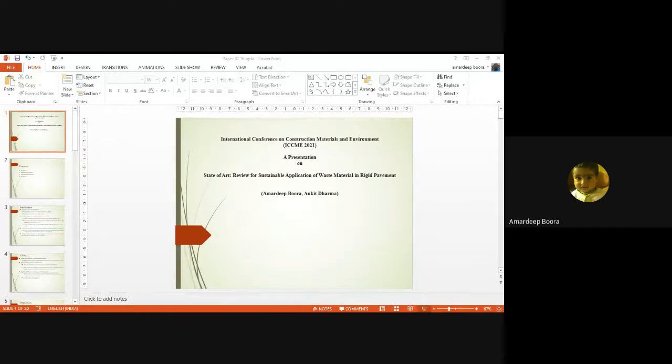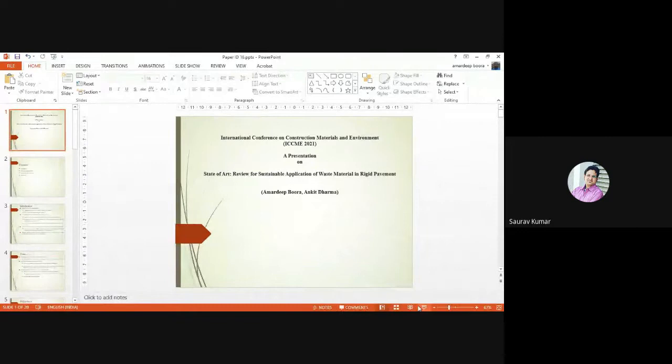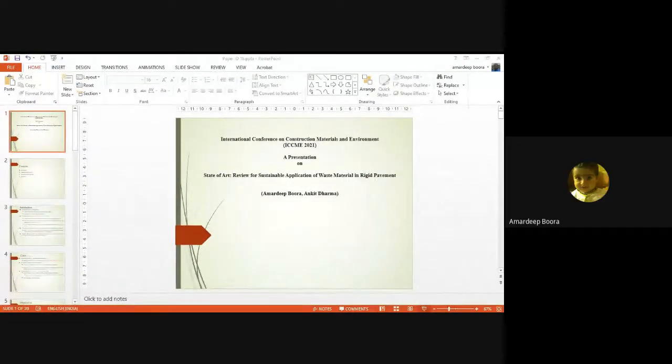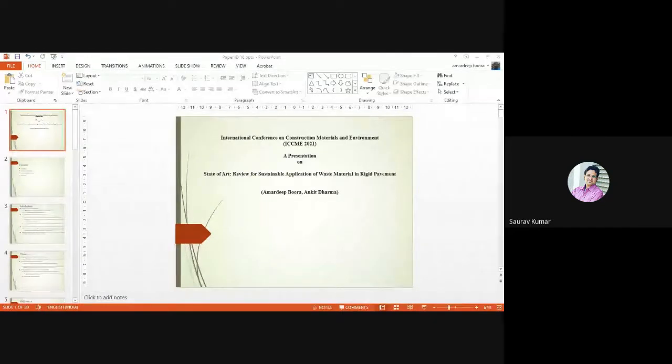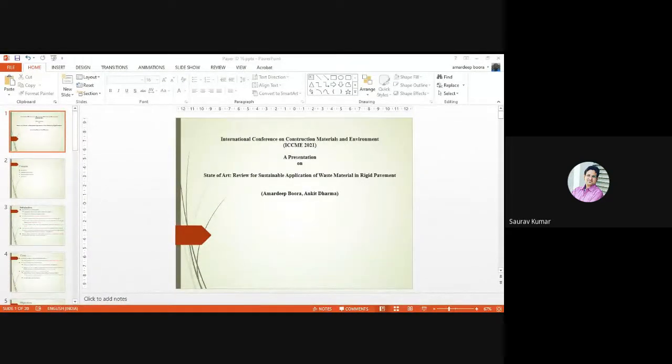So, am I audible to all? Yes, you are audible. Please full screen it. I already put it on full screen mode, but it's not showing here. There must be some compatibility issues. You can upload a PDF file also if you wish.